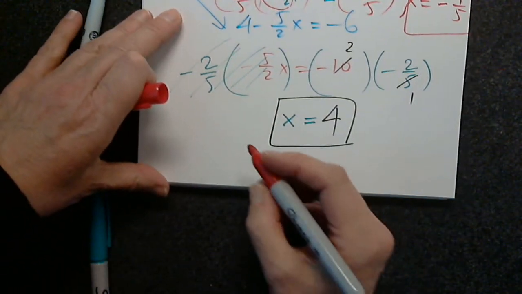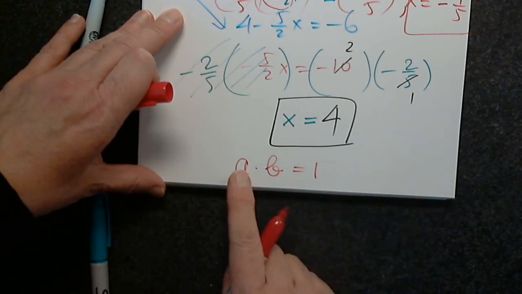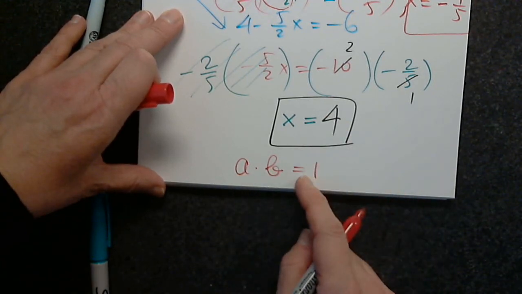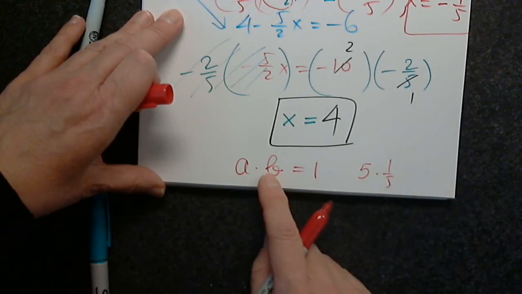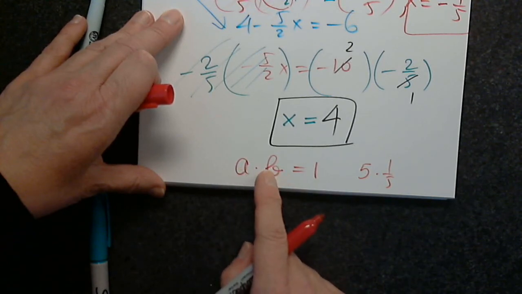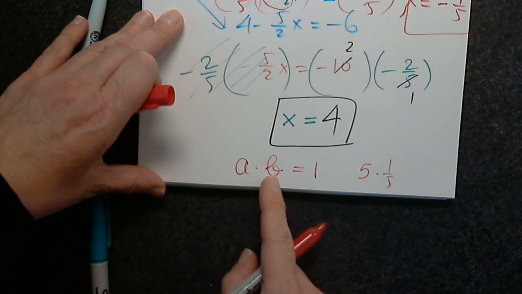Very good question. So a quantity times another quantity equals 1. If I know this one, the other has to be the multiplicative inverse. So if you tell me 5, then I'll say 1/5. If you say 2/3, then I'll say 3/2.